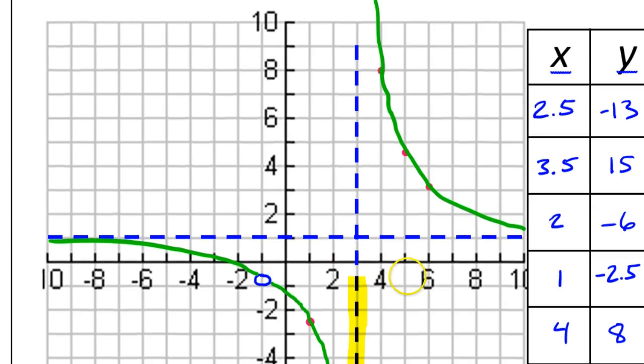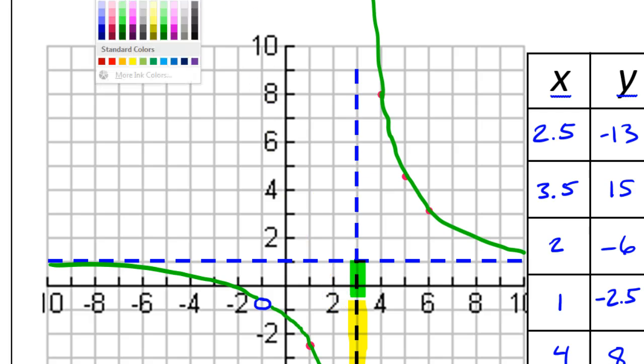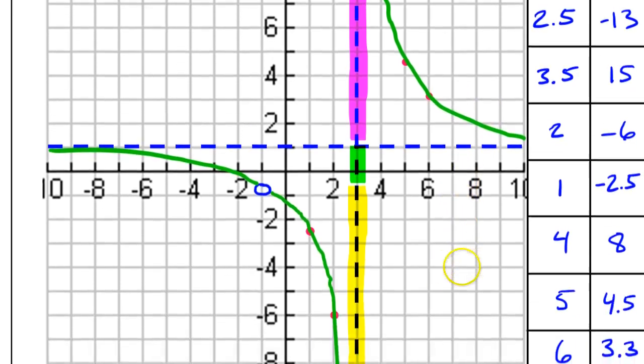That green part is going to be part of my range. And then it picks up after the horizontal asymptote and goes the rest of the way up. These colors suggest what my range is going to be doing. The graph goes from negative infinity up to here.